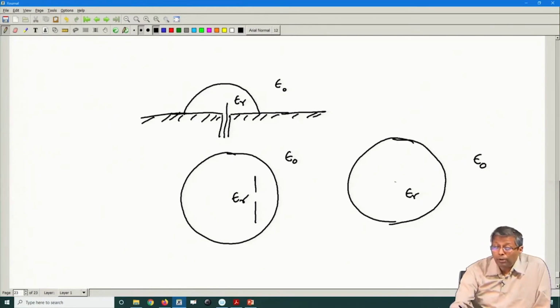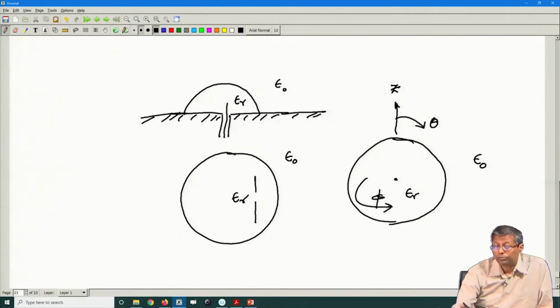We will come to that, but what we do is we expand the fields inside this sphere. Let us say this is the z axis, this is the theta direction and this is the phi direction.